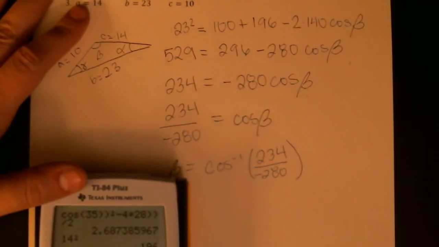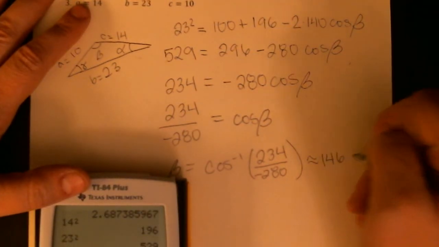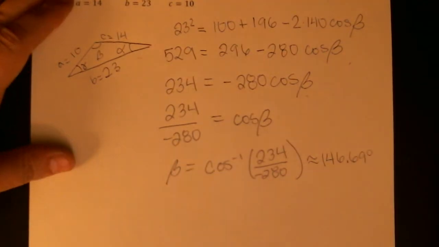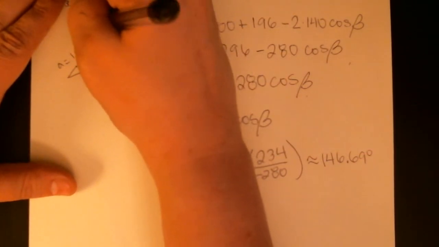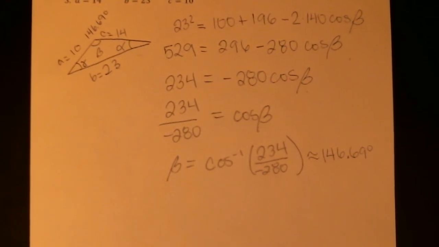And if we ask our calculator about that, inverse cosine of 234 over negative 280, it's about 146.69 degrees. Okay, so there's one angle.